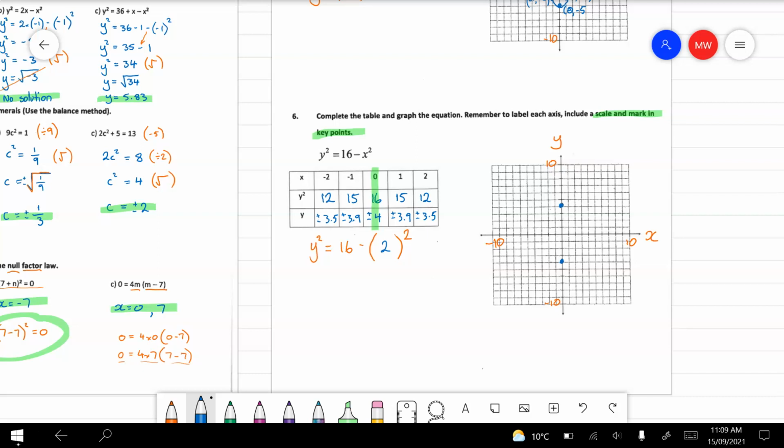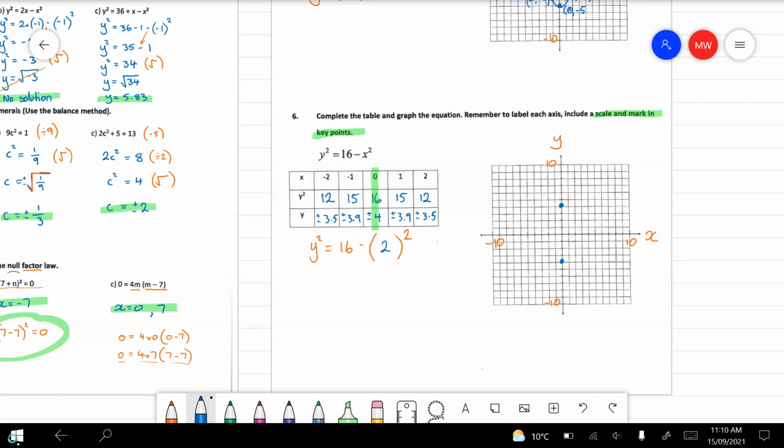In fact, it's actually going to turn out to be a circle. The problem is I don't know where it's going to intercept the x-axis. Now, if it's a circle, I'm going to guess that it happens at 4, because if it's going through here at 4 and it's going through here at 4, it stands to reason that it's going to go through here at 4. So what I'm going to do is I'm going to test that theory.